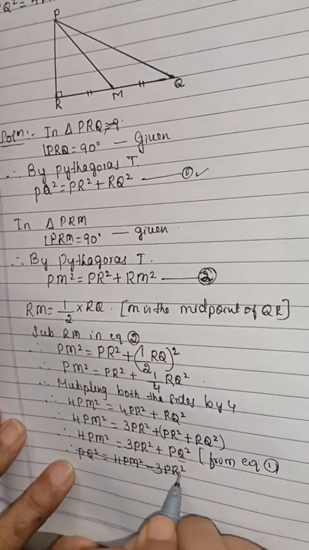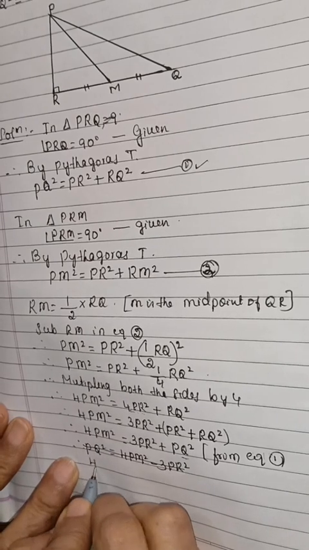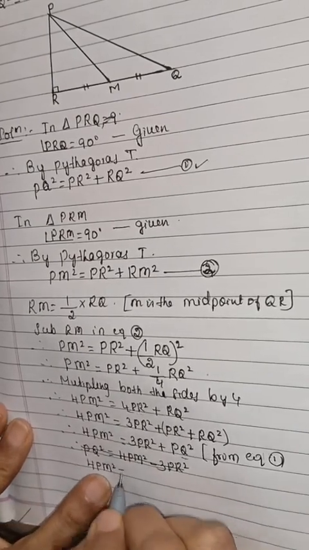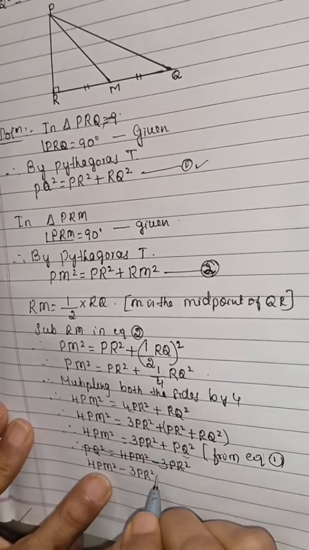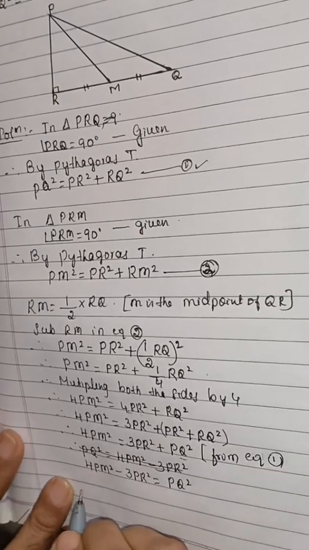Now you can also write it like this: bring 4 PM square to the left hand side, then PR square equal PQ square.